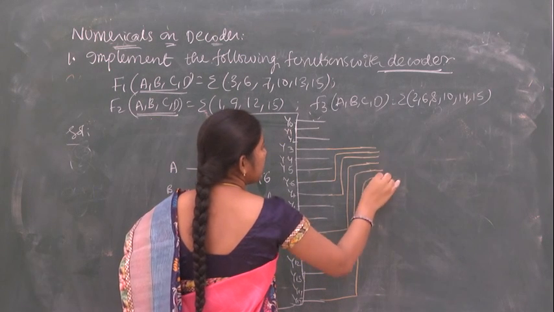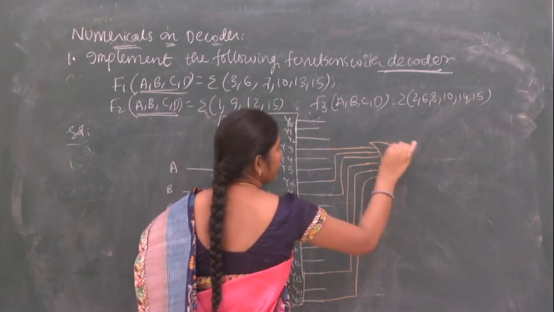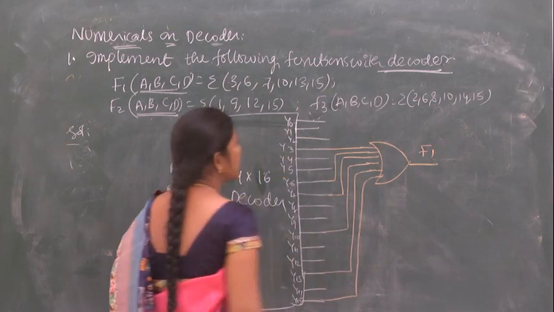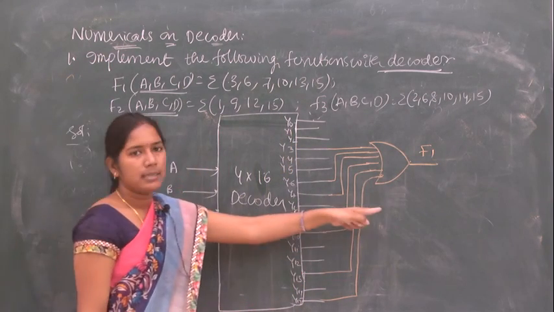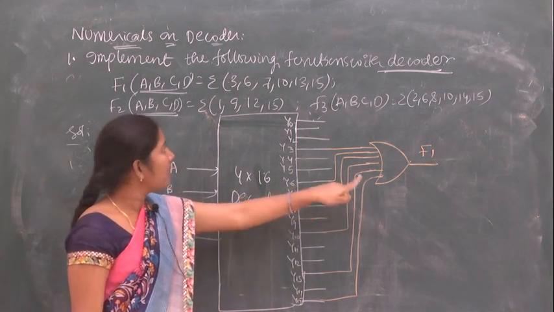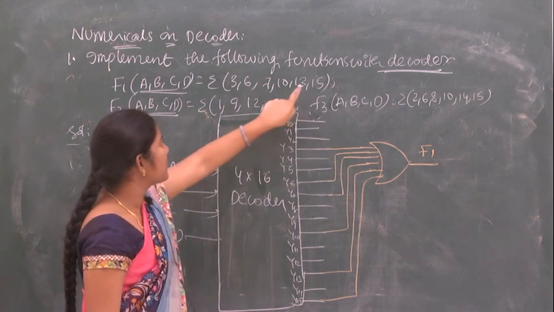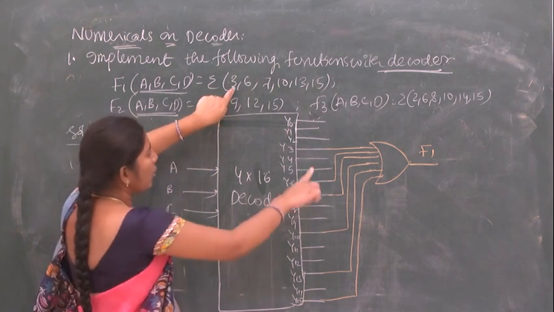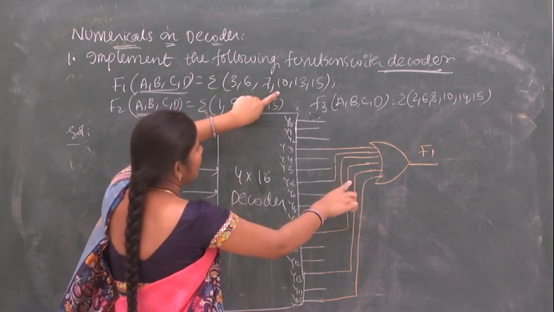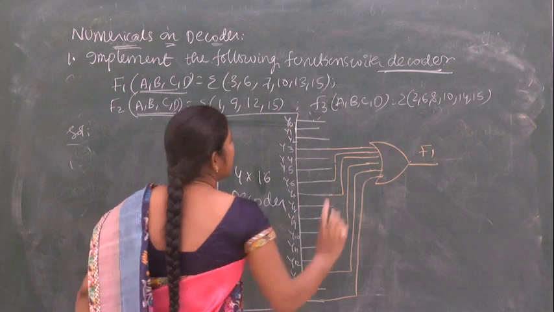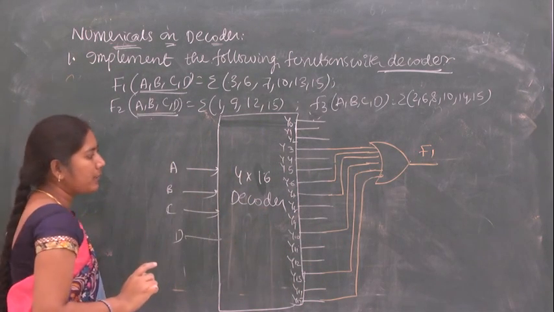Give all these to an OR gate to get the F1 function. Meaning the output is high for 3 or 6 or 7 or 10, 13, 15. That is nothing but the F1 function.